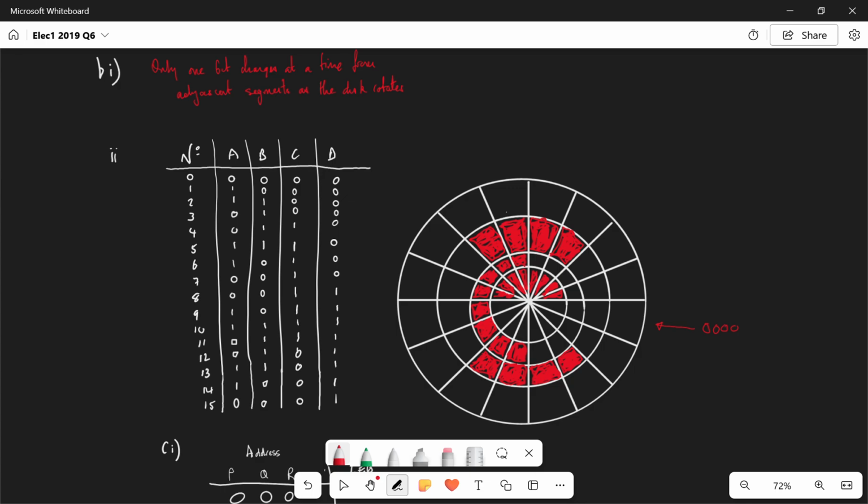And then this next segment is 1, 0, 0, 0. Because remember, that we're going from A, B, C, D, but really it's D in the center. So if it was binary, it'd be 0, 0, 0, 1. So if we shade this segment, remember this segment here is A.